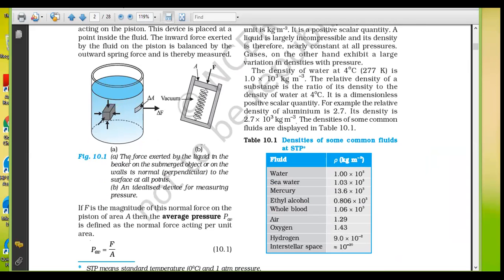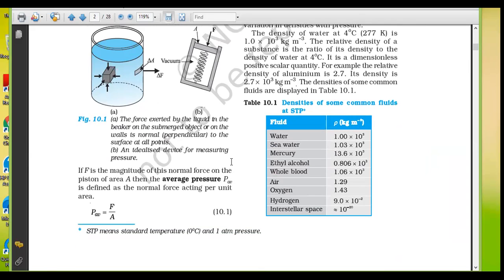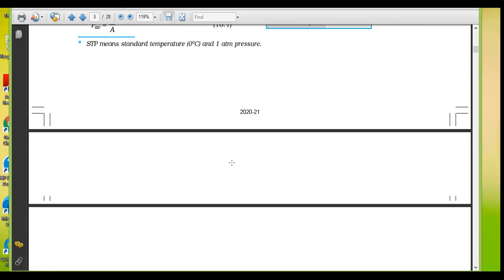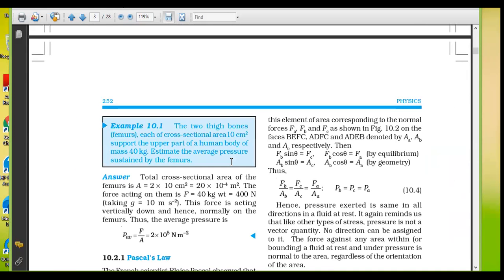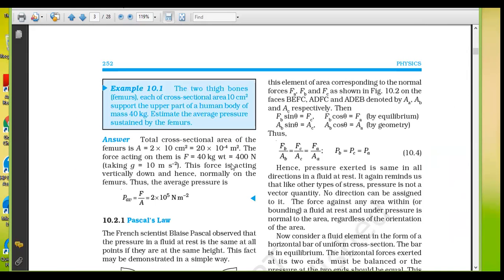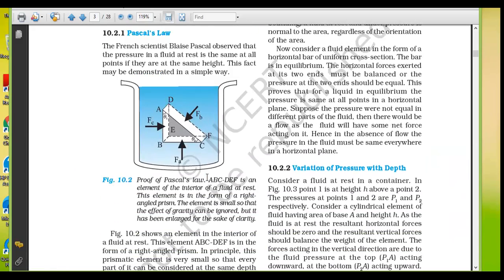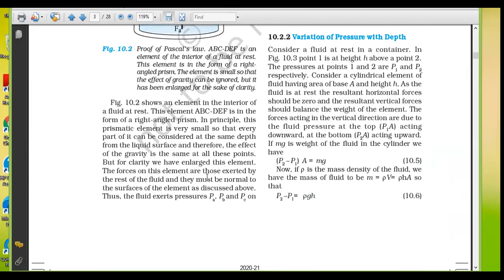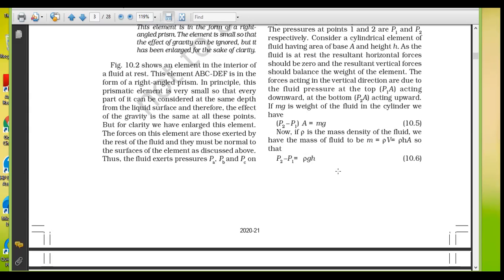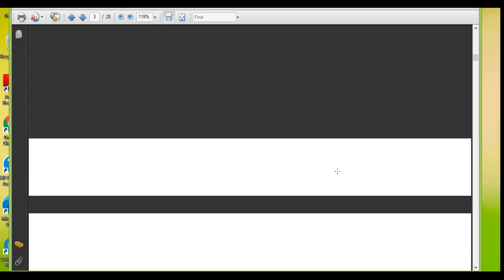Pressure acting on the different sides. So go through the textbook. For Pascal's law proving we use this triangle thing, right? We did the variation of pressure with depth, which is your rho g h derivation, right? We did this.